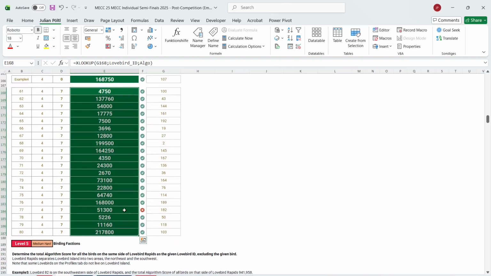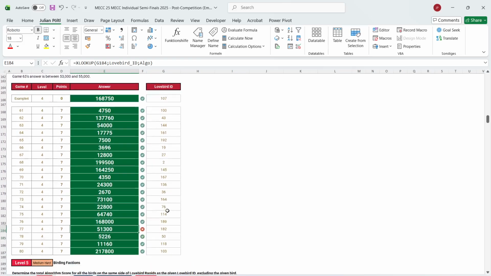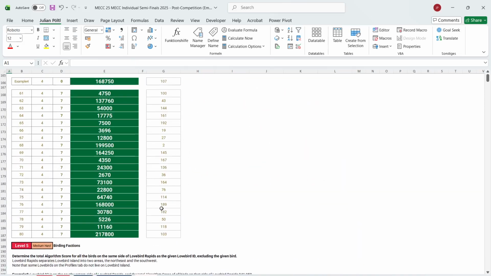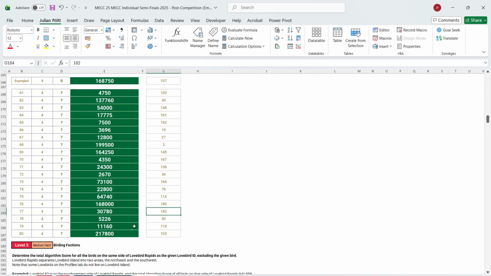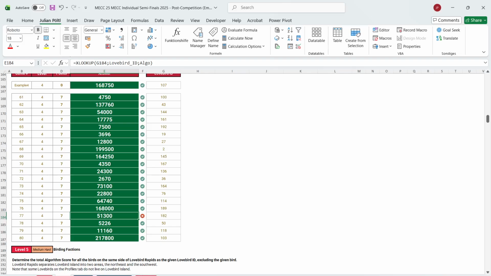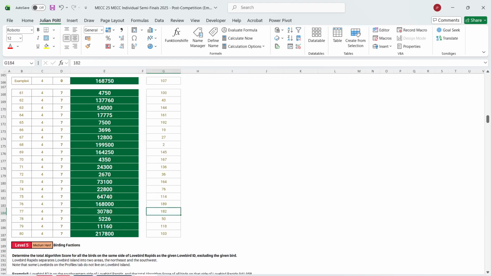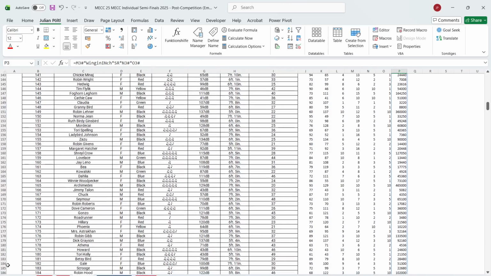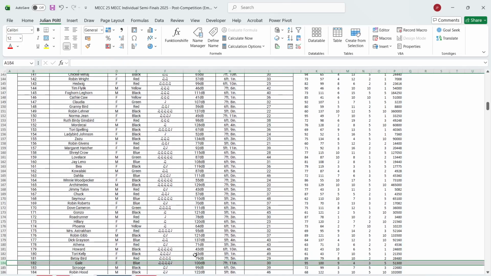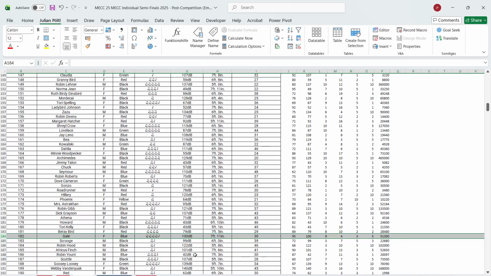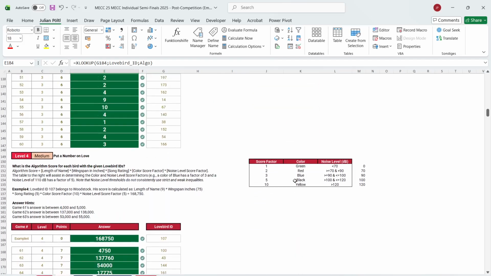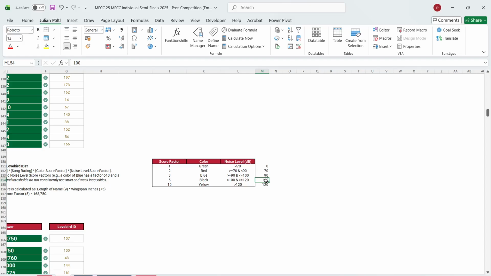So far so good. Okay, 182 is wrong. Why? By factor 2. No, not 2. Why is 182 wrong? Okay, yeah. Because I'm using exact match or next smaller item.